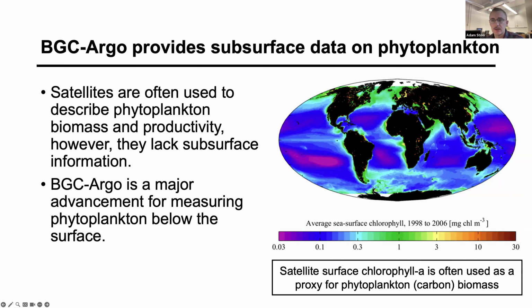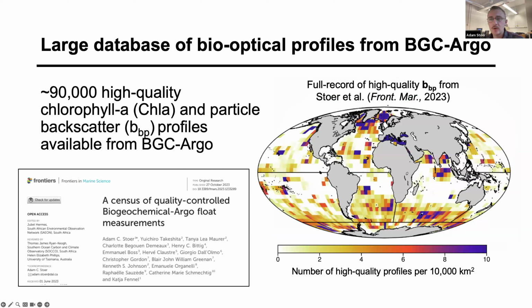productivity. On the right there, you can see the common picture of satellite surface chlorophyll that's often used to describe phytoplankton dynamics. With the BGC Argo array, it's accumulated this massive database of high quality chlorophyll and particle backscattering measurements.